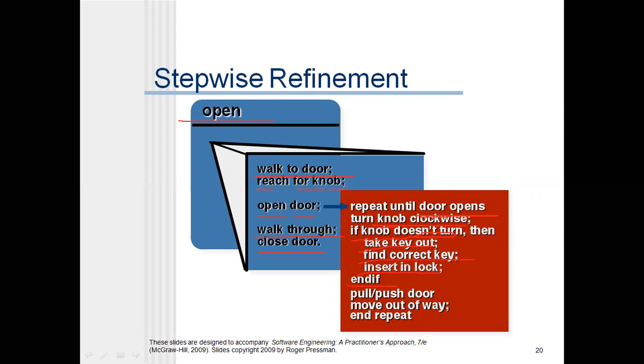Here, check whether the key you have used is the correct key or not. If not, better to change to another key and try to open the door with that key, right? And after trying, either pull or push the door, move out of the door and end the repetition. This is the process. So this is the refinement, in the sense of step by step elaboration of a process here, right?